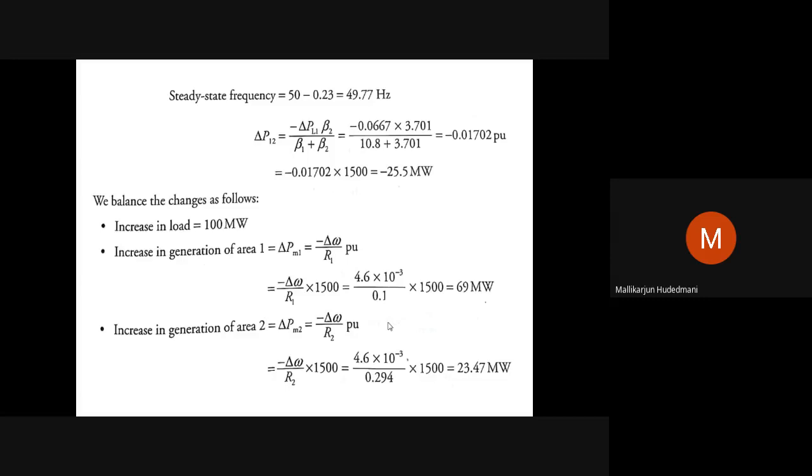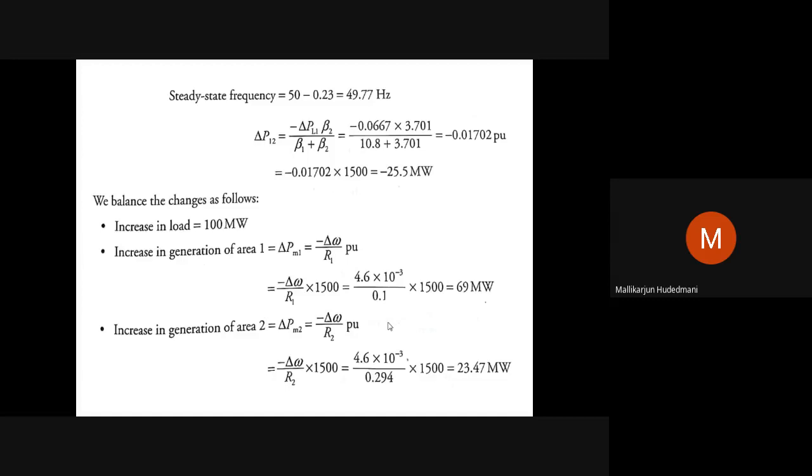So this is how we can write the energy balance at that area: increase in load found, 100 megawatt. Increase in generation from area 1, from mechanical objects, is delta PM1 equal to minus delta omega by R1. If I compute it, delta omega by R1 into a base of 1500, it stands here as 4.6 into 10 to the power minus 3 divided by 0.1 into 1500, as 69 megawatt.